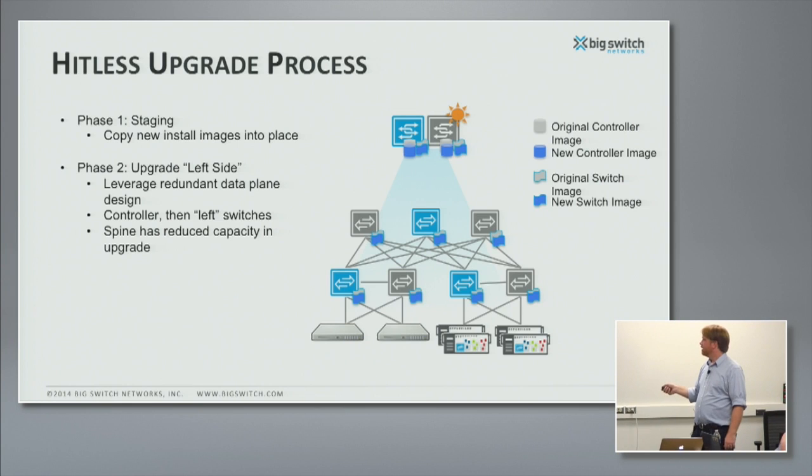The server has lost one of its links, so it transparently fails over. It's now down from 20 gigabit to 10 gigabit. Half of the spines have gone through this process, half the leaves have done this, and they all come back up with the new happy operating system. And then at this point, we fail over the controller and start this on the other side.